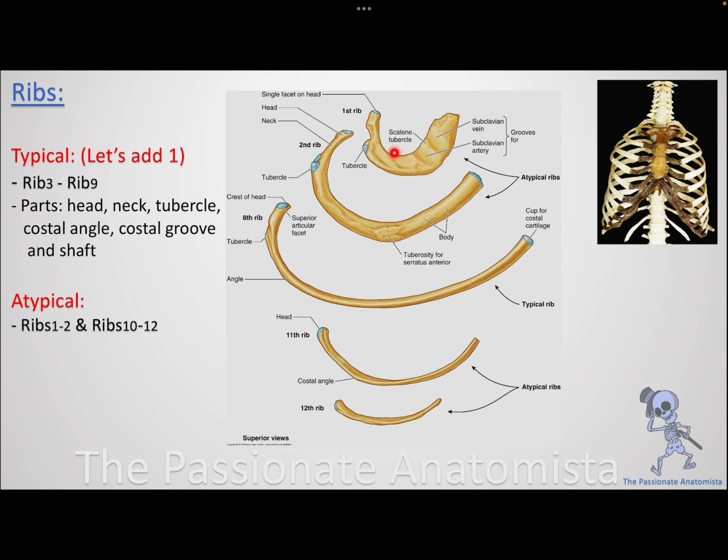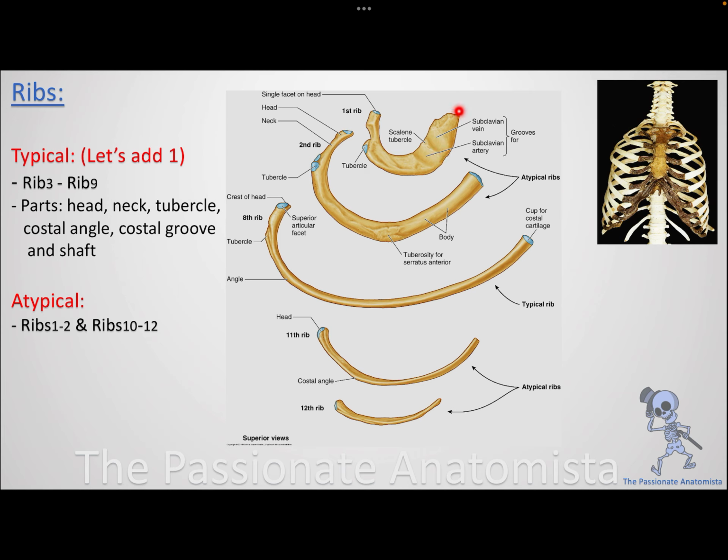Another thing is, think about rib number 1. What is the bone that lies superior to rib number 1? It's your clavicle. What does that mean? You have subclavian vessels. They are running below the clavicle, the subclavian vessels. I have subclavian vein, I have subclavian artery. In most of our body, veins are always, most of the time, anteriorly.